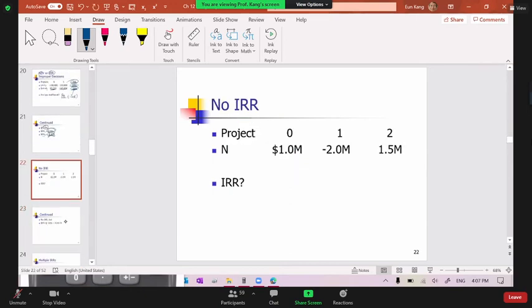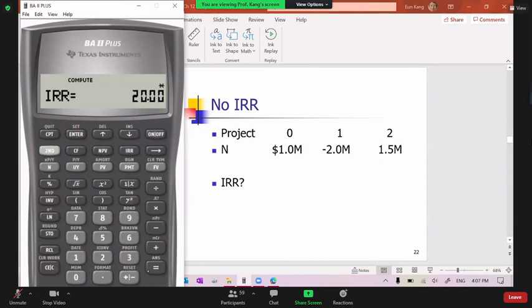And then how about this one? This project's cash flow: CF0 is 1, enter. C1 is negative 2, enter. C2 is 1.5, enter, right?